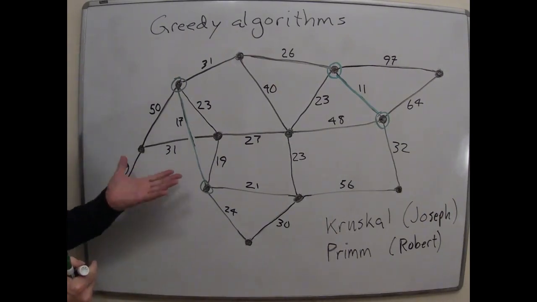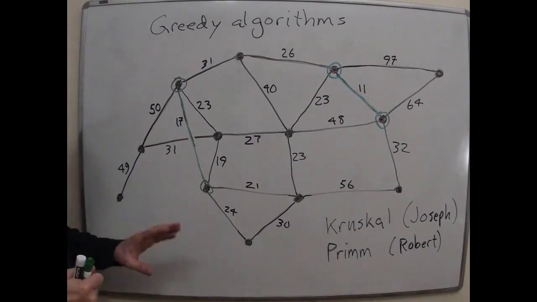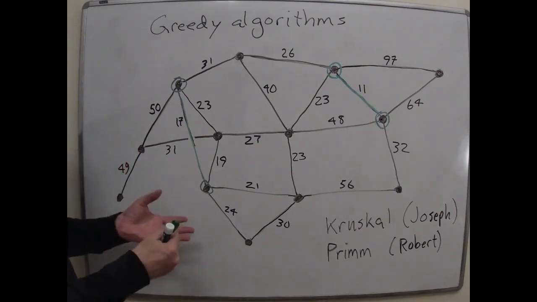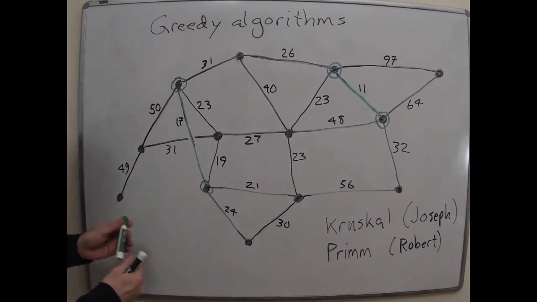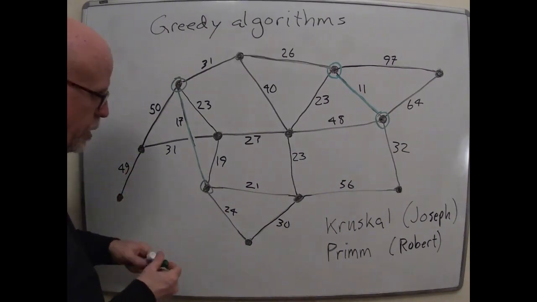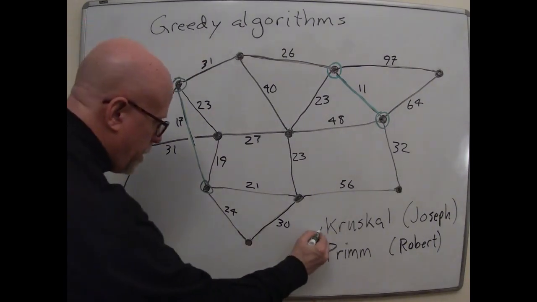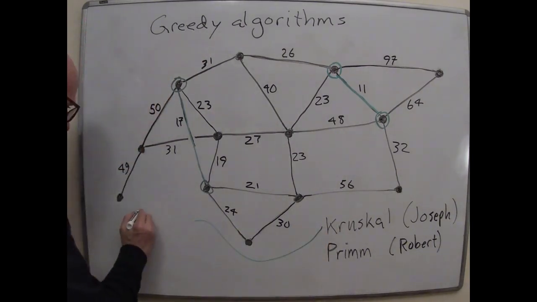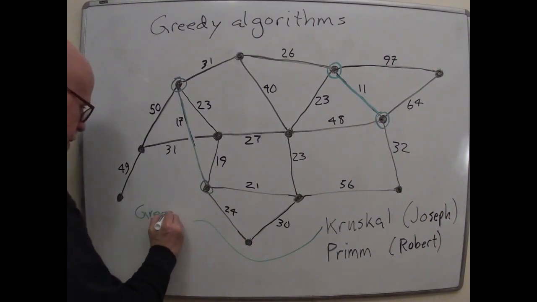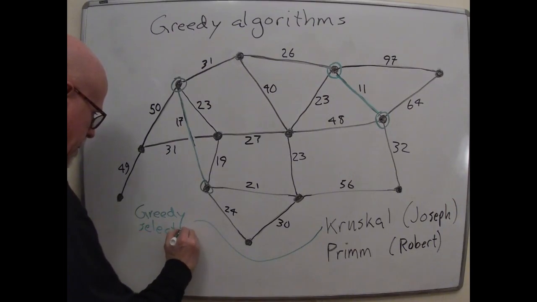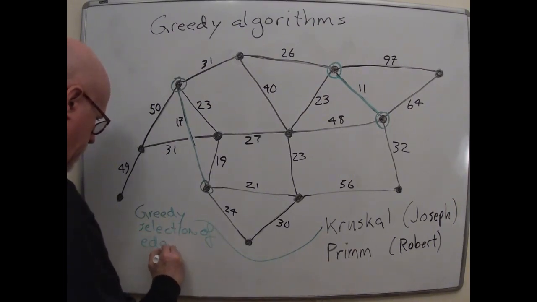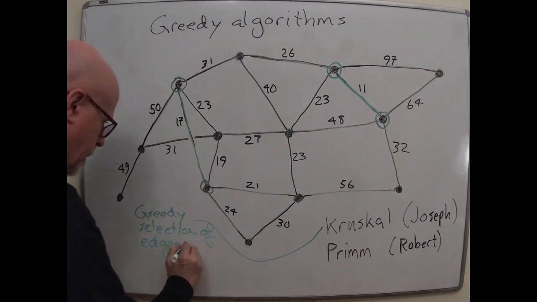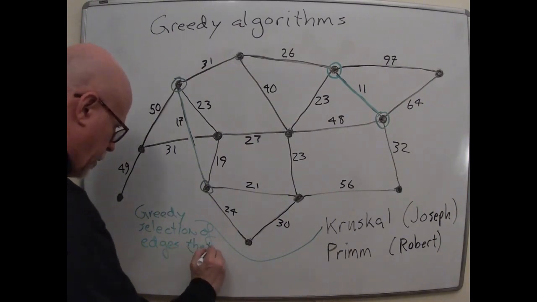And for us, it's that the graph needs to remain a tree. So we'll greedily add edges unless they would form a circuit. So that's actually what Kruskal's algorithm is as a high-level description. It's greedy selection of edges with a proviso. Edges that don't create circuits.